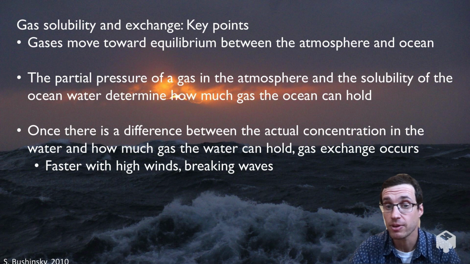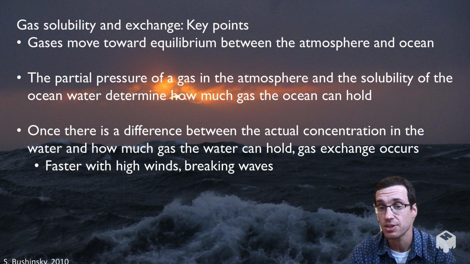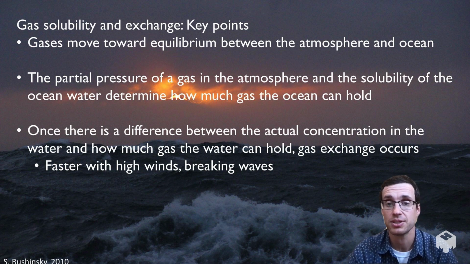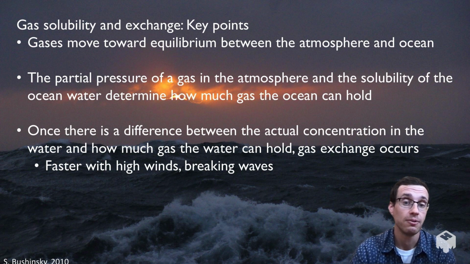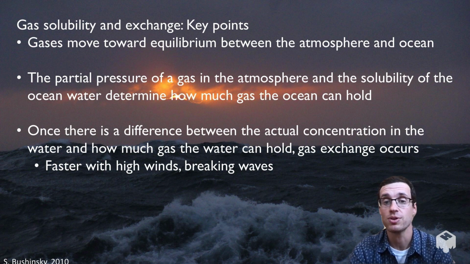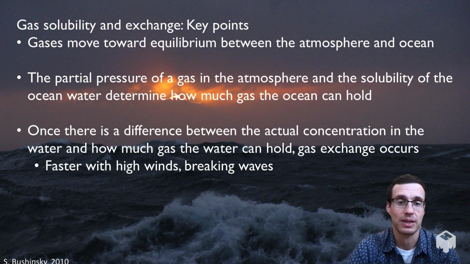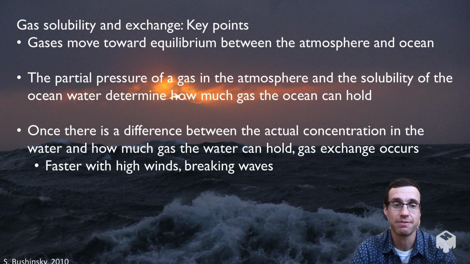And so if you're out of equilibrium, either because you have biological production producing oxygen and there's too much oxygen in the ocean, or if you have fossil fuels being burned and you're putting CO2 into the atmosphere and you have more CO2 in the atmosphere, then you're going to start to try and equilibrate between the atmosphere and ocean, and that's when gas exchange occurs. So once there's a difference between the actual concentration of the water and how much gas the water can hold, you get gas exchange. And gas exchange is faster with high winds and also breaking waves.